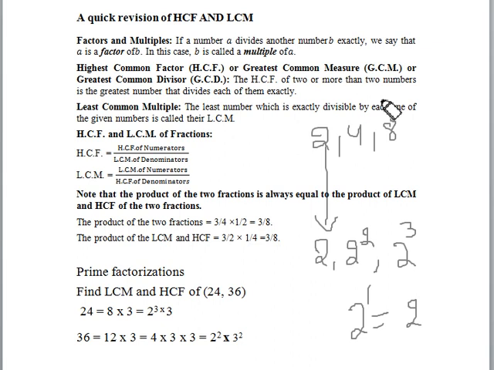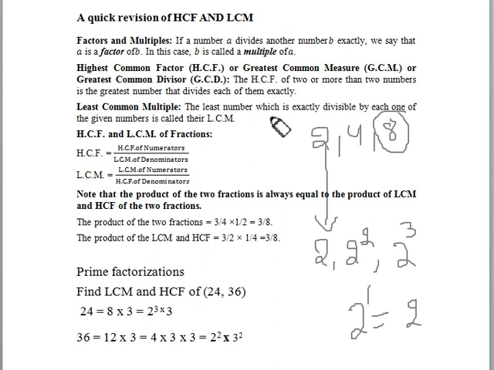Now next is the LCM. LCM is the least number which is exactly divisible by each one of the numbers, right? So what if I have to find the LCM of these three? I'll take the highest power every time. For 2, 4 and 8, 2 raised to power 3 is the highest power, that means 8.